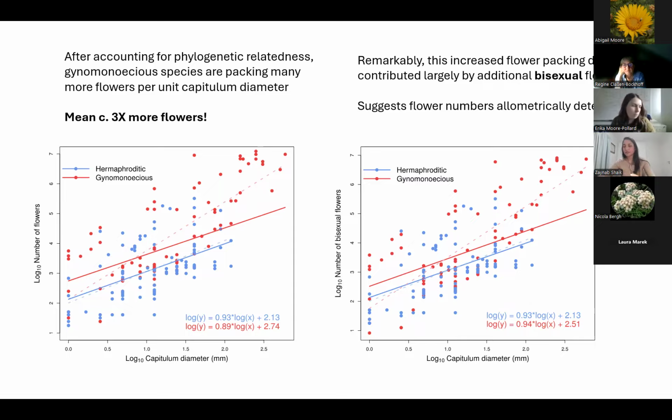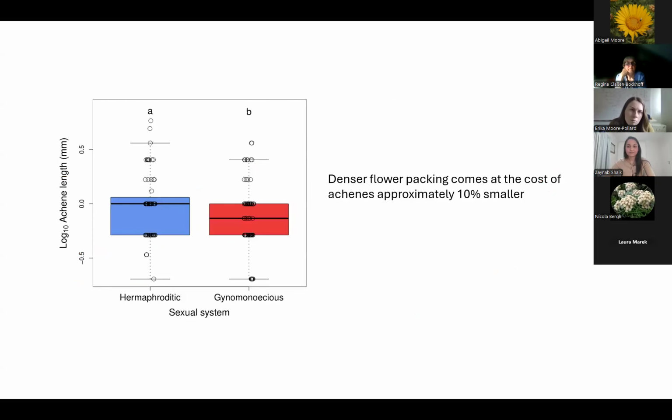And of course, the area is occupied by bisexual flowers. By contrast, if you look at the relationship between the radius of a circle and its circumference, that relationship is linear. And so, of course, the periphery, the circumference, is occupied by pistillate flowers. So we think the marked increase in bisexual flowers relative to pistillate flowers is allometrically controlled.